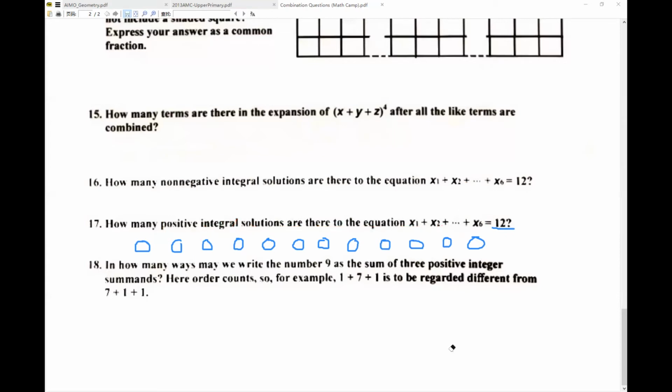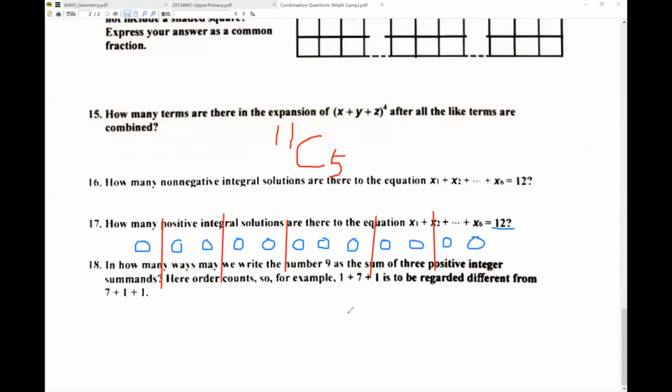So in all the gaps, we can put in a bar, 5 bars, anywhere. That means from the 11 gaps or 11 positions, we have to find any 5 of them.